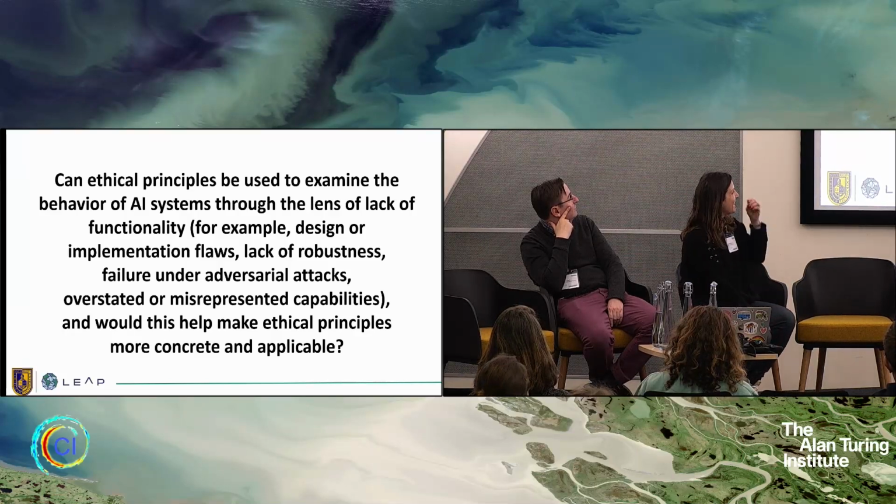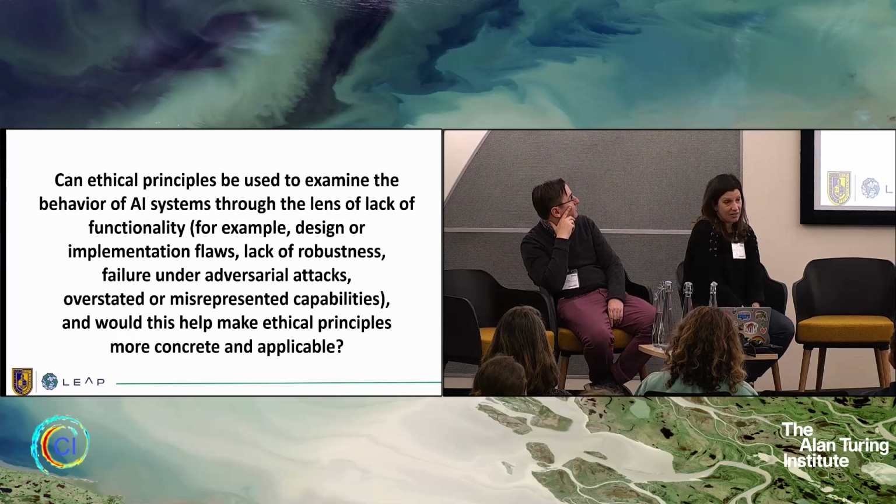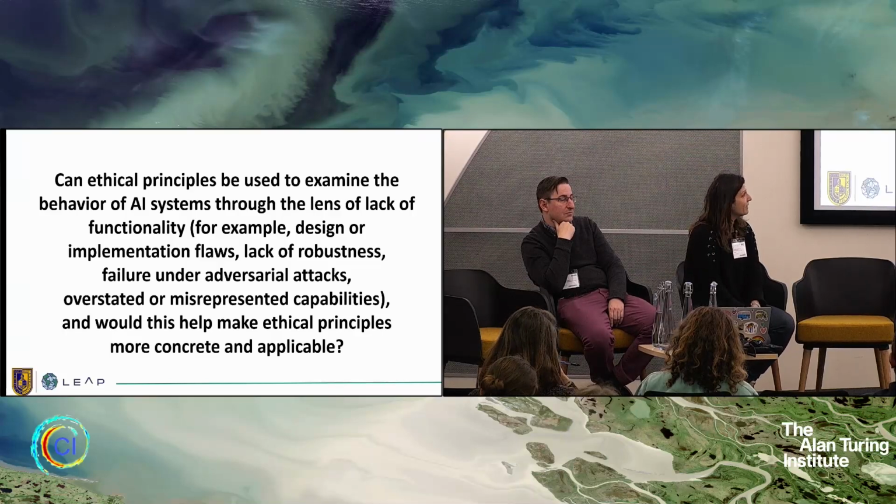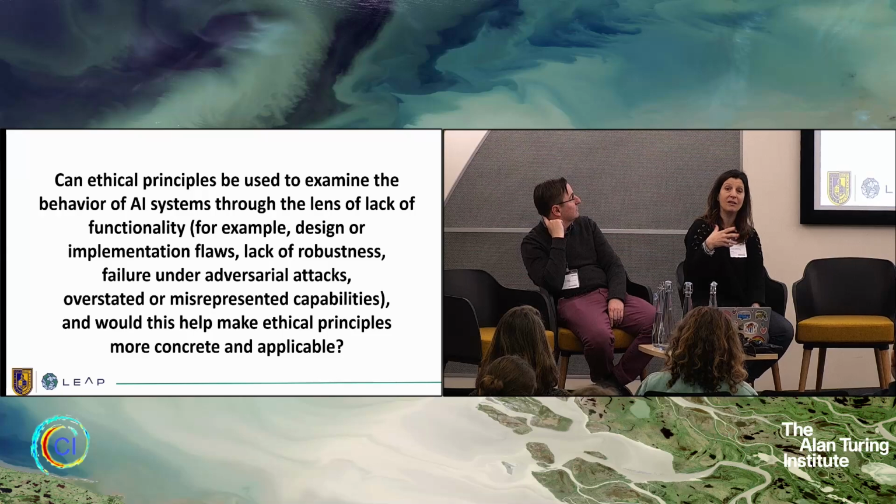But the idea here is that I was thinking about the lens of functionality or lack of functionality, how different, especially again, AI systems, but as we said, not necessarily limited to AI systems, right? Any model building has this issue that they may have implementation flaws, they may not be robust, they may fail under adversarial attack, they may have misrepresented capabilities. So there is a whole taxonomy of failures in a way.